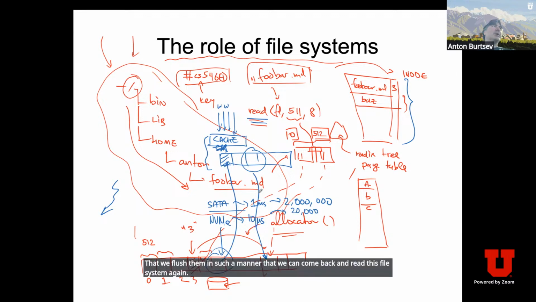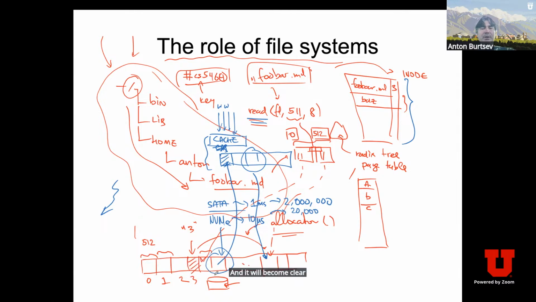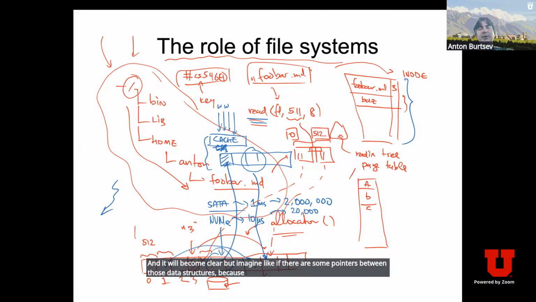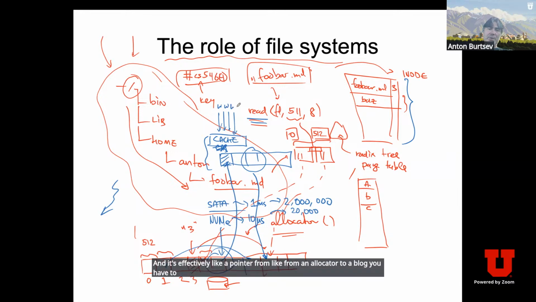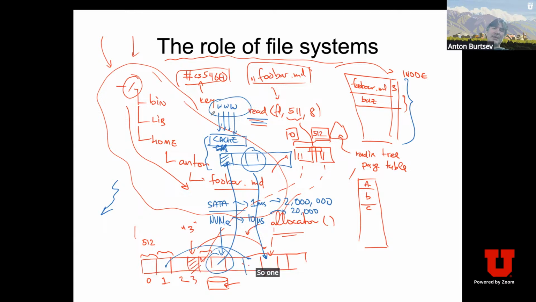It will become clear, but imagine there are some pointers between those data structures, because you say, look, I allocated a new thing and this new thing is no longer free. And it's effectively like a pointer from an allocator to a block. You have to make sure that you flush those writes in a manner that they are not out of order and it's a consistent state. So one has to implement this consistency. And we'll take a look at how it's done.